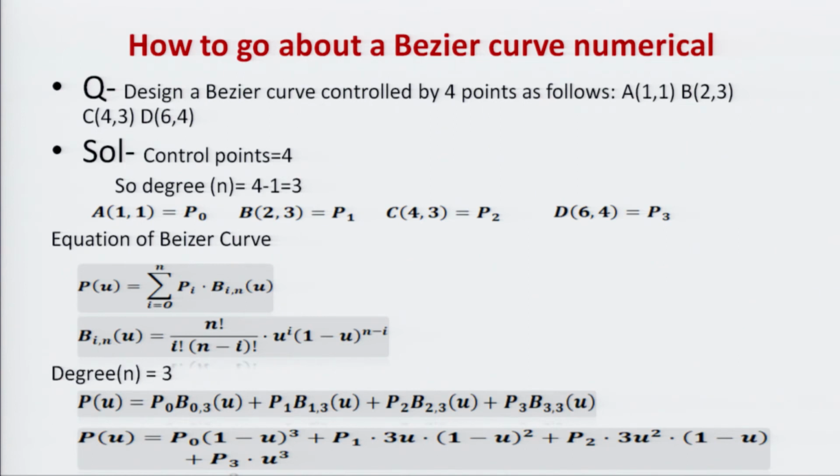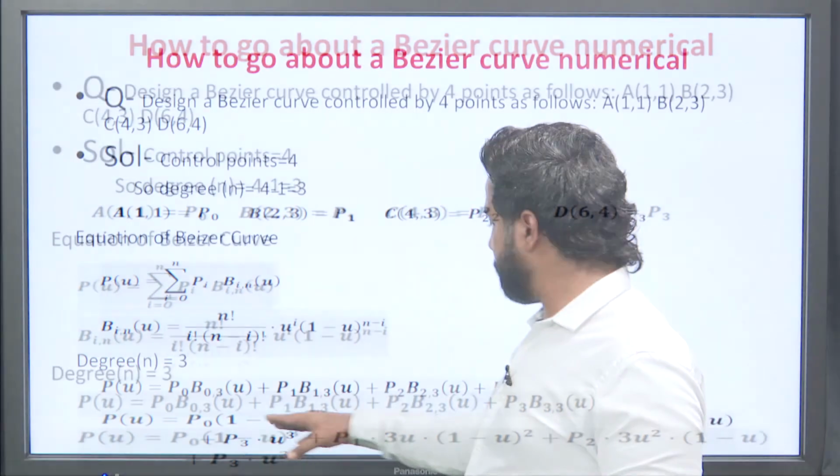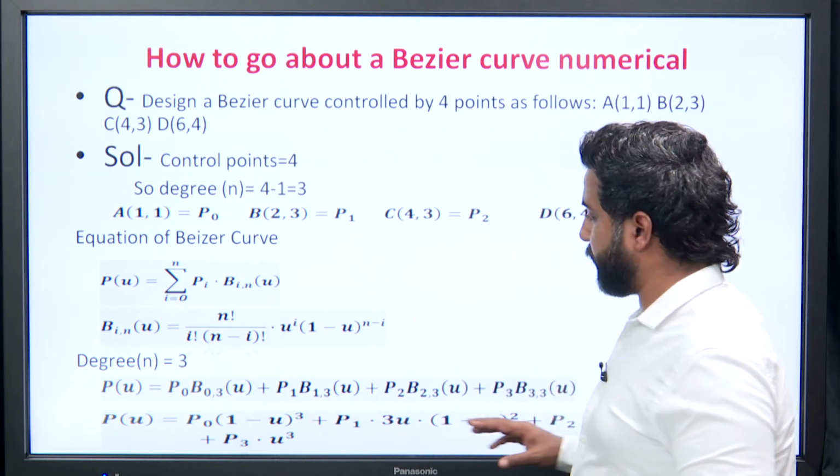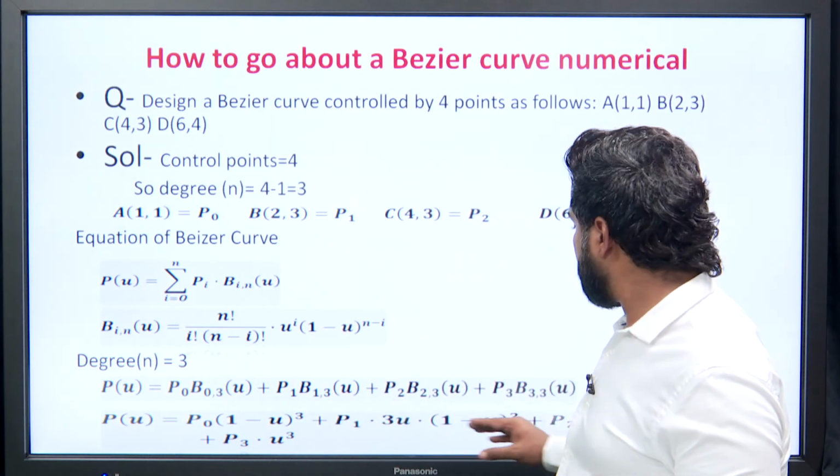This is the equation of the Bezier curve. The equation of the Bezier curve we have seen earlier. It is the summation of the position vector and the Bernstein polynomial. The Bernstein polynomial we have calculated earlier also, we need not calculate again. So we got that this was the general equation for the Bezier curve.